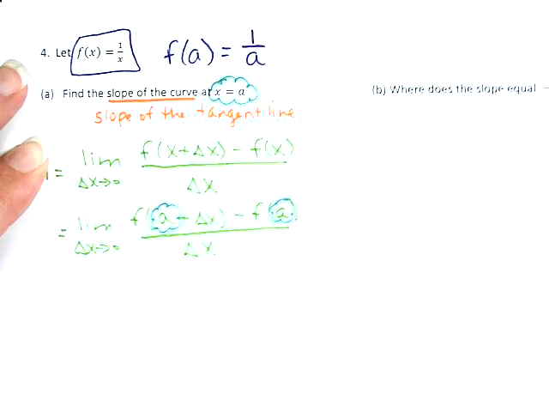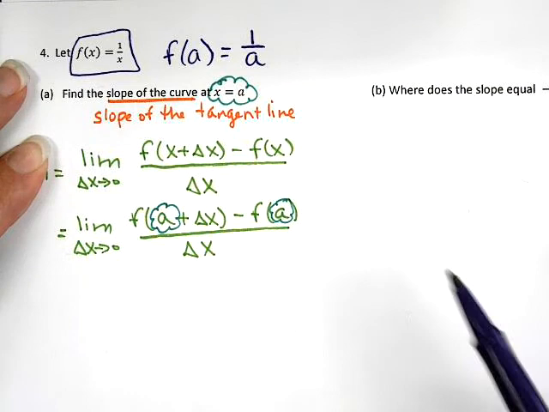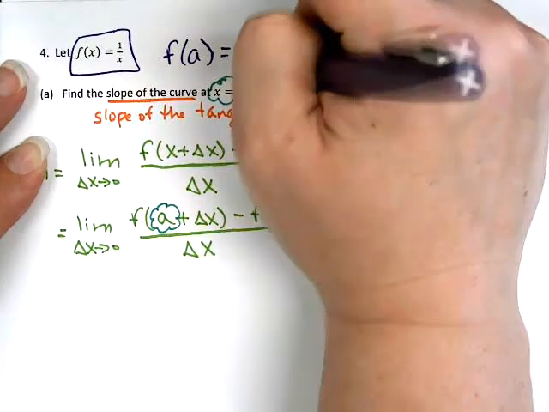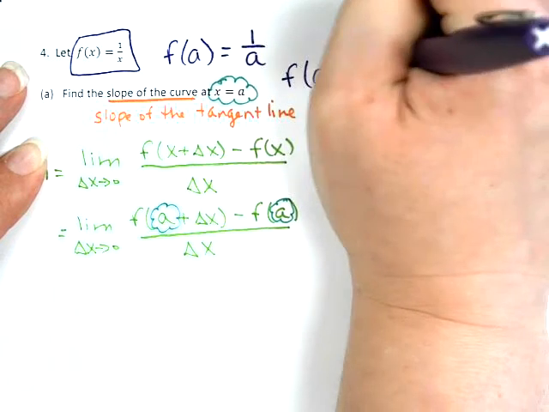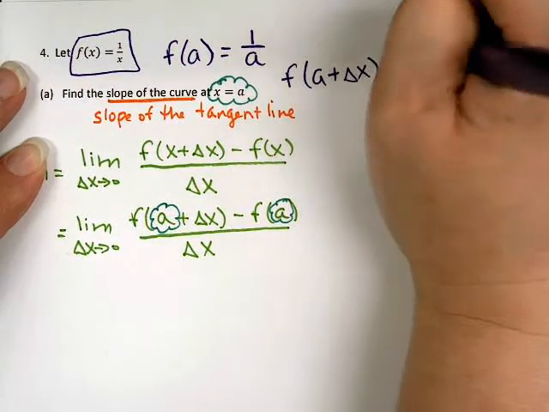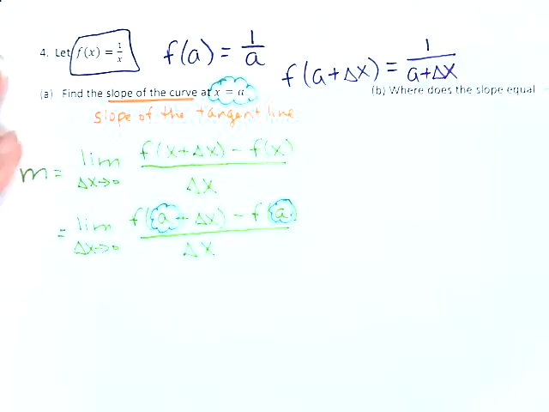And I know we had a little bit of a discussion about this in class, but I'm talking about it again, all right? So f of a just means, hey, plug in a instead of x. Cool. 1 over a, I'm good to go. Then I want f of a plus delta x. Well, again, it just means plug that in for x. So it's 1 over a plus delta x.